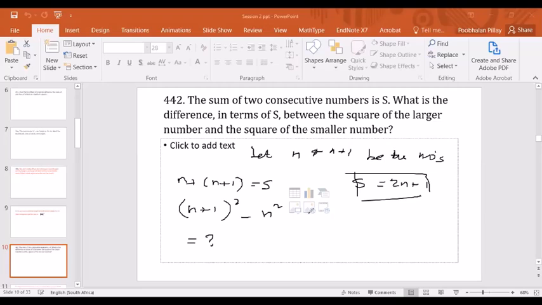Write it in terms of S. Now when you simplify this, n plus 1 all squared is n squared plus 2n plus 1, and then the n squared cancels out and you get 2n plus 1. And if you look at 2n plus 1, it's precisely equal to S. So the answer is S, because when you simplify this, you get 2n plus 1, which is exactly equal to S. So the answer to this problem is S.